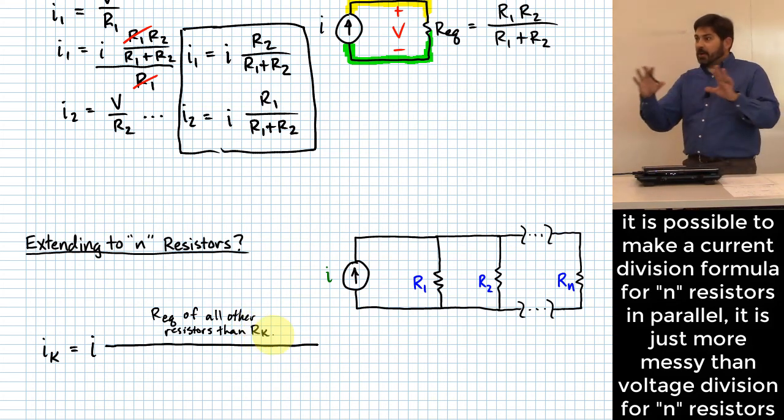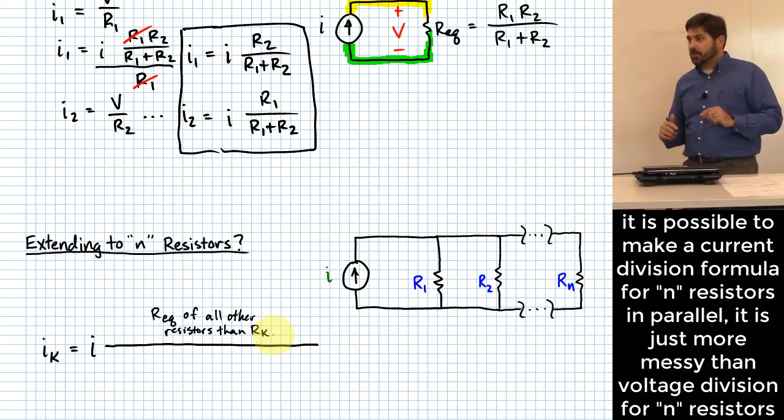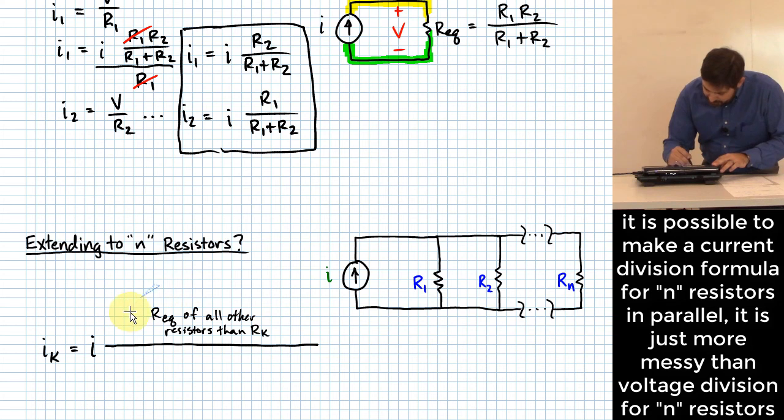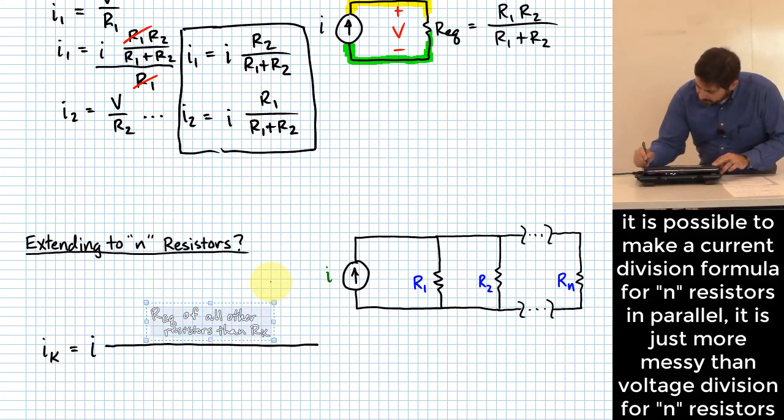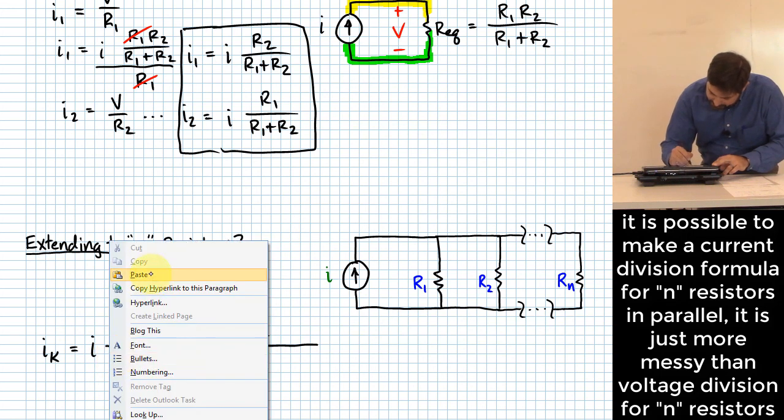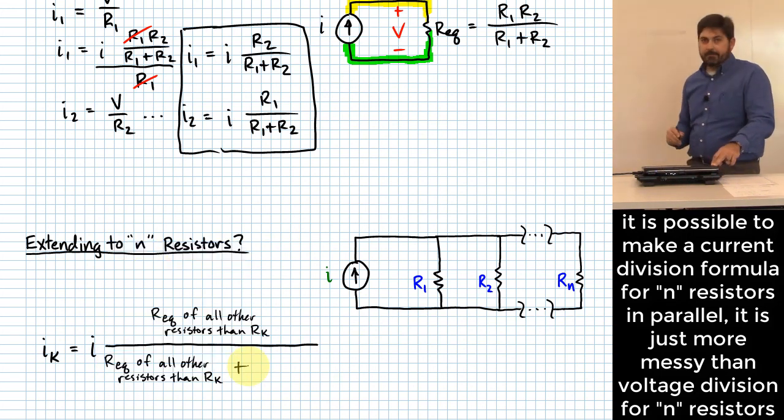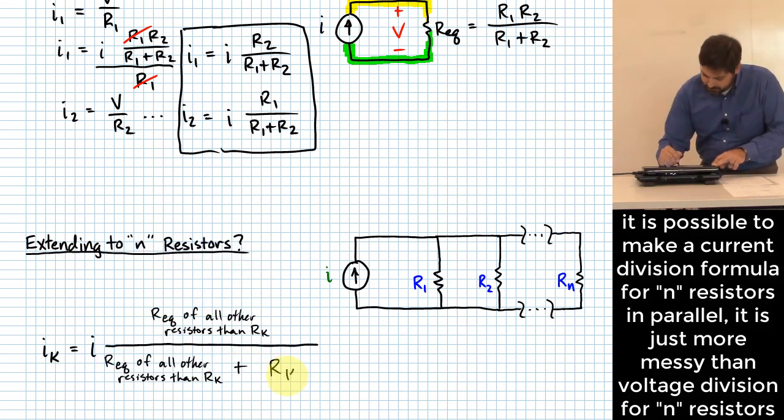So everything else that wasn't RK, you take the equivalent resistance of all of that in parallel and put that in the numerator. Then what you do in the denominator is you take that same value that I just described right there, put that in the denominator plus what? RK.